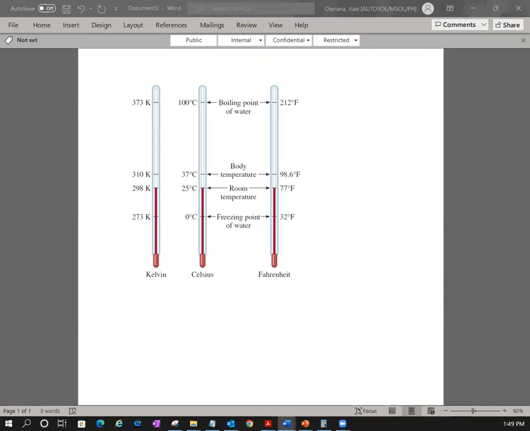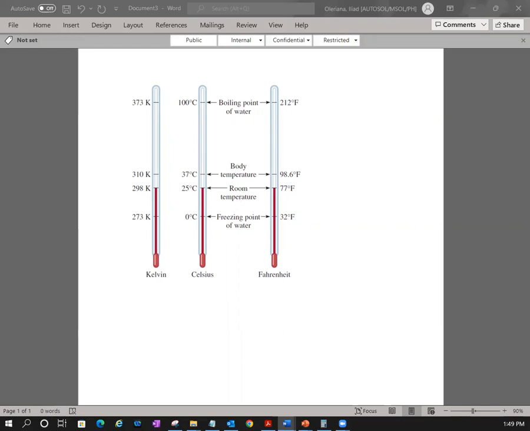So at freezing point, si Celsius nasa 0 degrees, si Fahrenheit nasa 32 degrees. So yung halimbawa may unknown tayo na temperature somewhere between here, somewhere between that. So i-denote natin siya as C. Tapos dito naman i-denote natin as F.